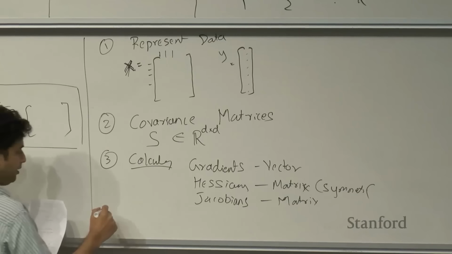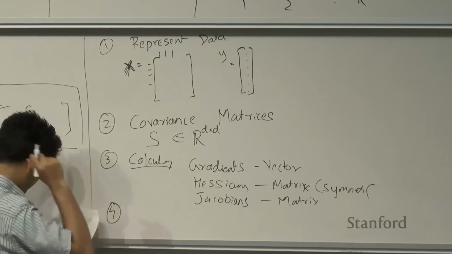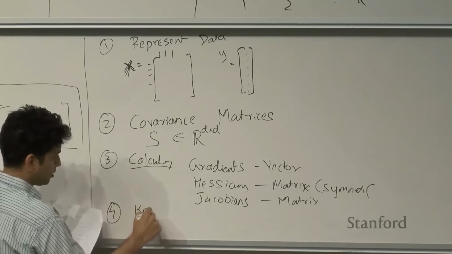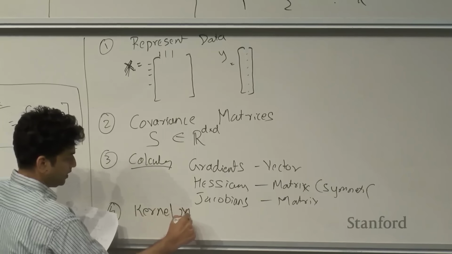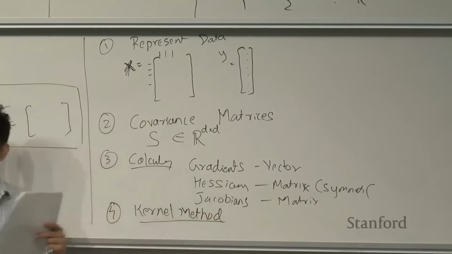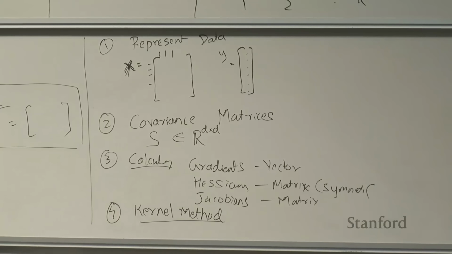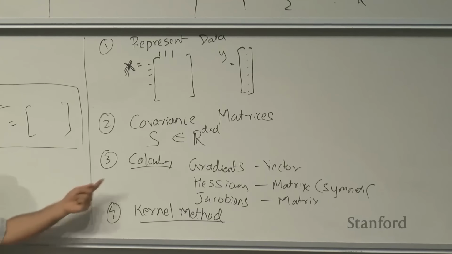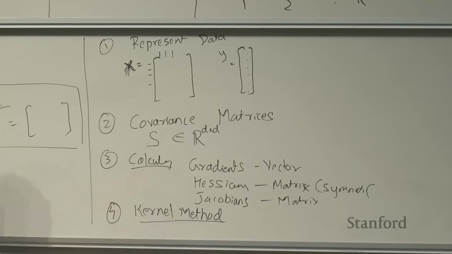And we're also going to use linear algebra very liberally in kernel methods. You're not expected to know what a kernel method is. I'm just listing it here, just so that learning linear algebra has uses in all these various scenarios. Right? And by calculus, I also mean in general optimization.